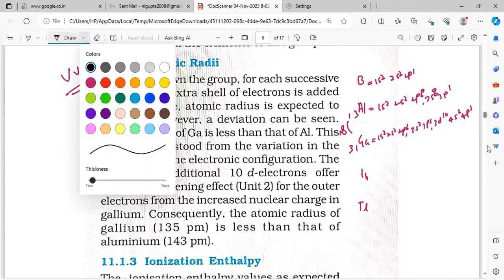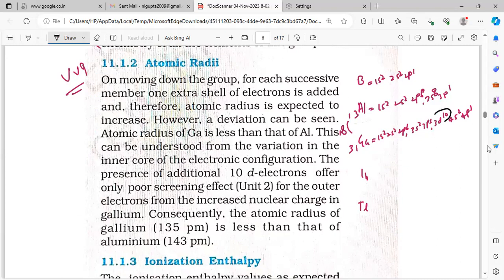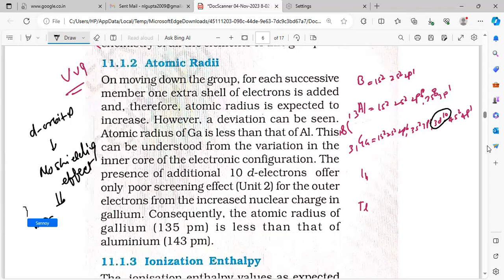Here you see the d electron is there, d orbital. And if there is a d orbital, it has no shielding effect. It's not causing the shielding effect. So no shielding effect means more attraction, so a small size.